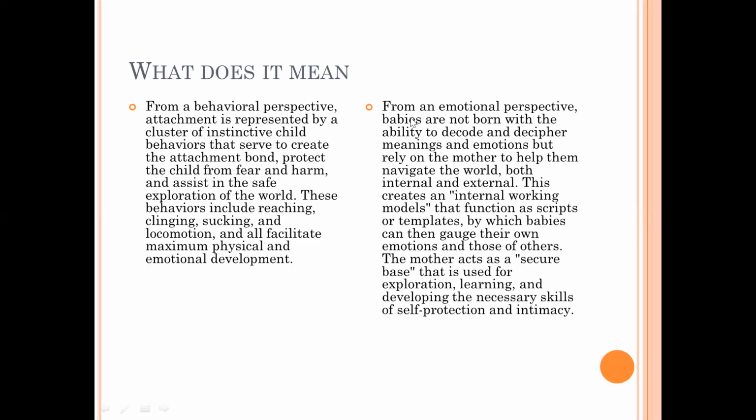From an emotional perspective, babies are not born with the ability to decode and decipher meaning and emotion, but rely on the mother to navigate the world, both internal and external. This creates internal working models that function as scripts or templates by which babies can then gauge their own emotions and those of others. The mother acts as a secure base that is used for exploring, learning, and developing the necessary skills of self-protection.